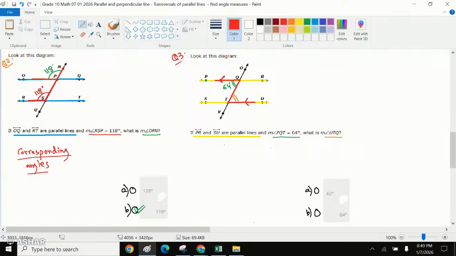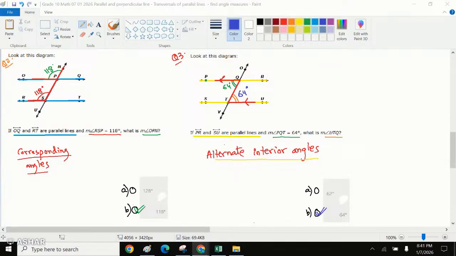So these angles are known as, can anyone tell me what these angles are known as? Yes, they are known as alternate interior angles, because they are interior angles. And since they are alternate interior angles and it's a formation of Z, then they must be the same, right? And that is option number B. Thank you for the answer.